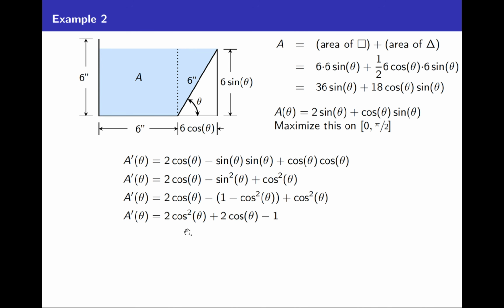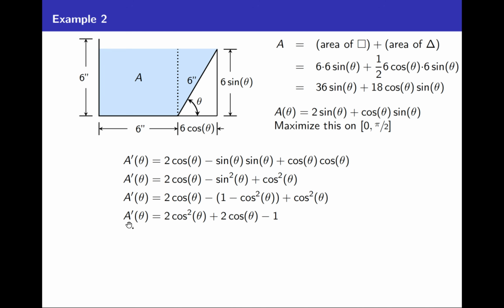Doing that, we get negative cosine squared theta plus another cosine squared theta. That's 2 cosine squared theta plus 2 cosine theta from here, and then the minus 1 comes down right there. So that looks a little bit better.